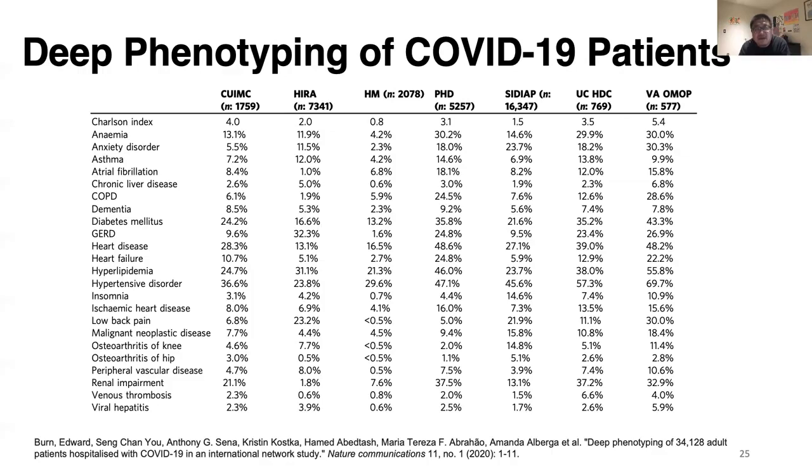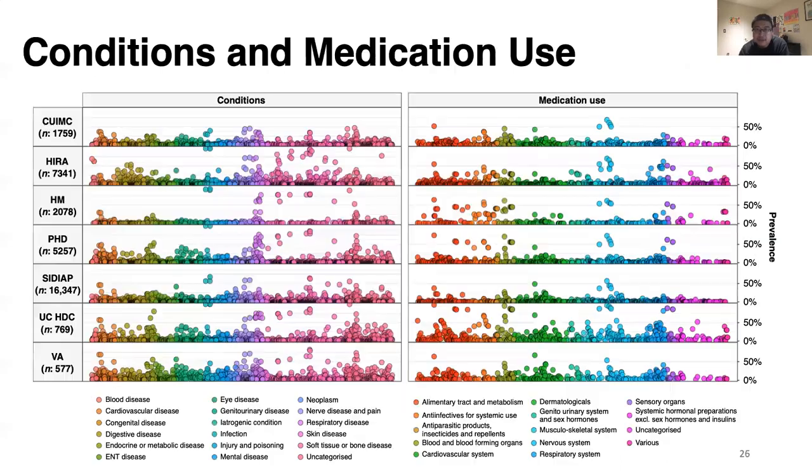So we can see the distribution in South Korea is very different in terms of comorbidities compared to the US and Spain. And the prevalence of hypertension ranged from 37 to 70% in the US, from 30 to 46% in Spain, and 24% in South Korea.